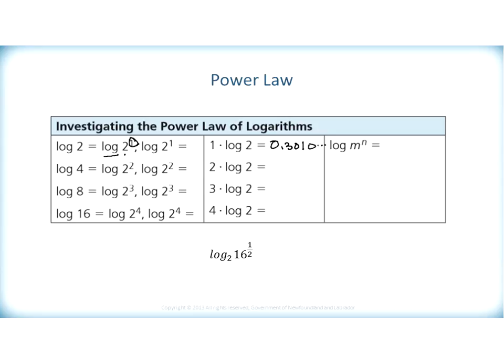If we take 2 and multiply it by log 2, this will give us 0.6020, and so on. If we take 3 and multiply it by the log of 2, this will give us 0.903, and so on.